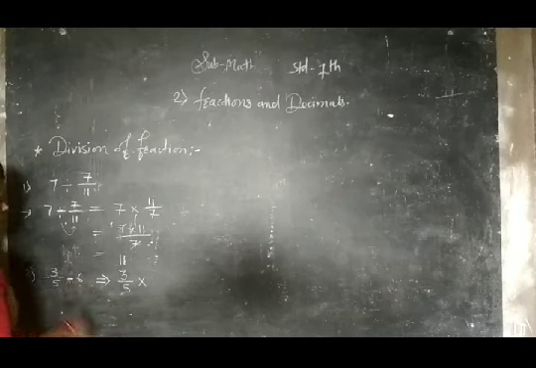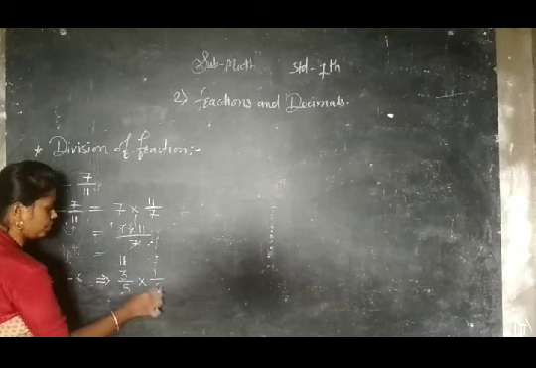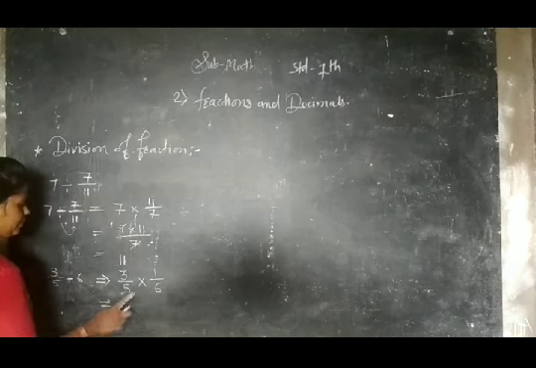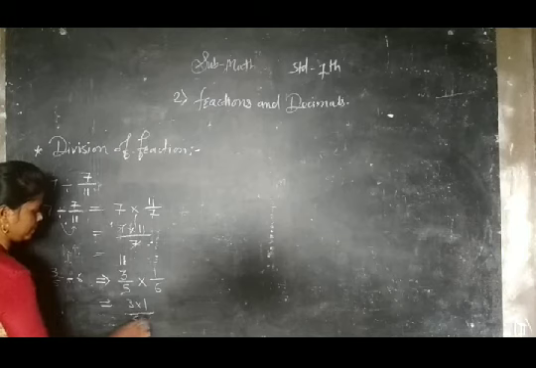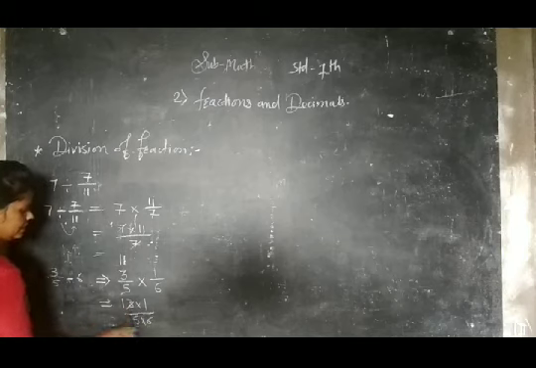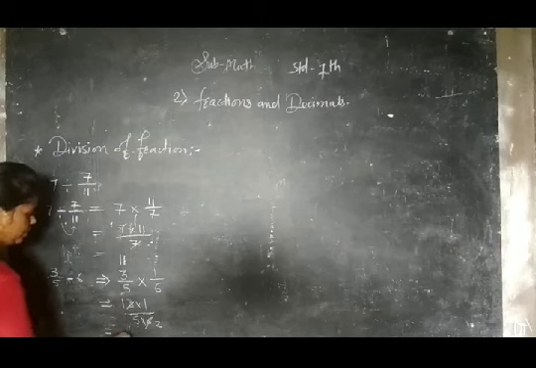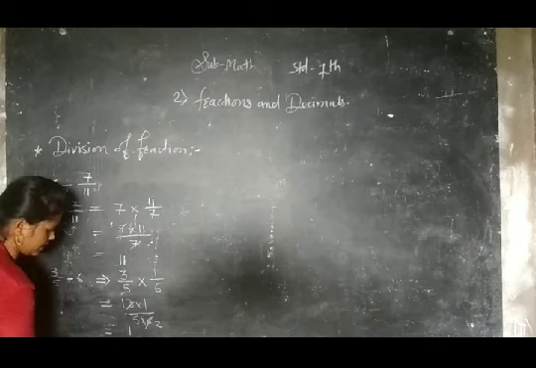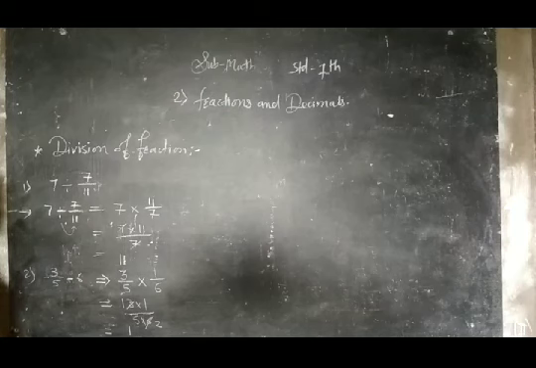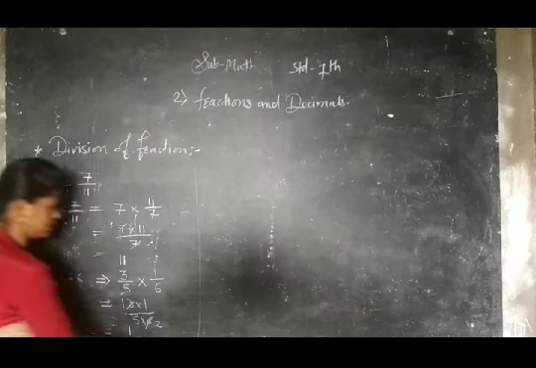So 6/1, its reciprocal is 1/6. So it's 3 multiplied by 1 upon 5 multiplied by 6. 3 ones are 3, 3 twos are 6. So here you will get 1 one is 1, 5 twos are 10. In such a way you have to do this division.